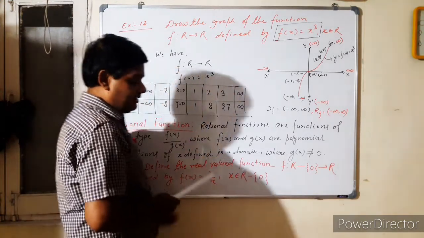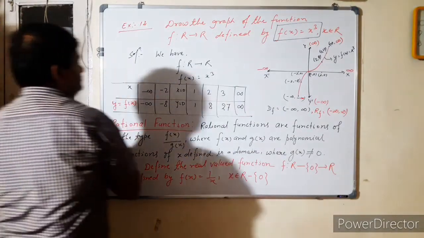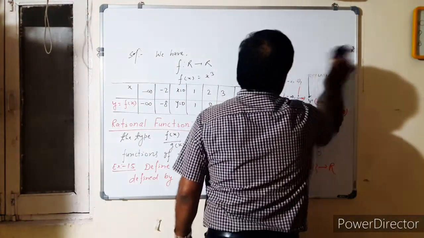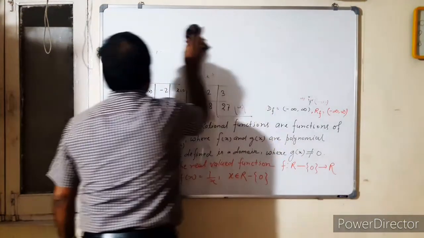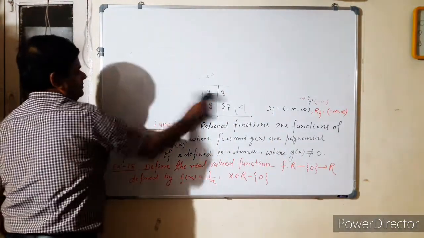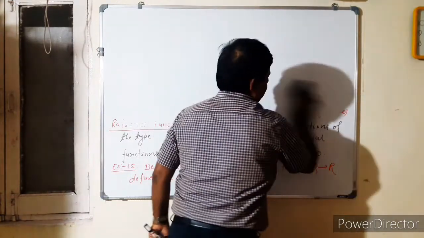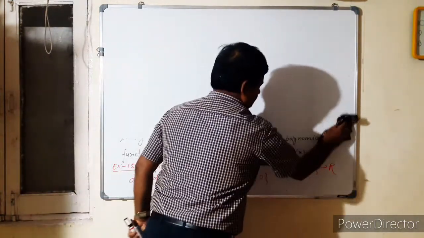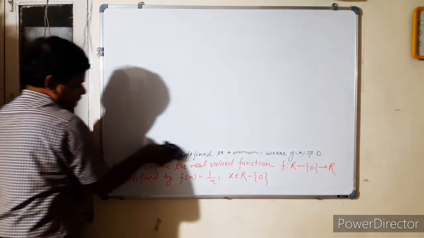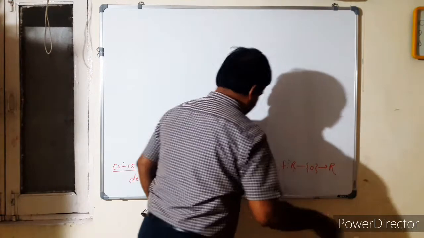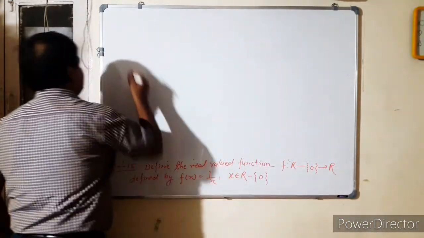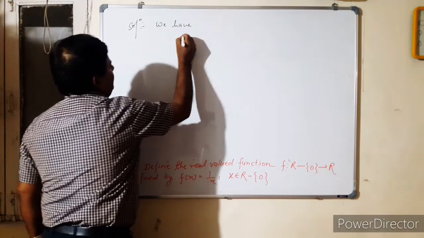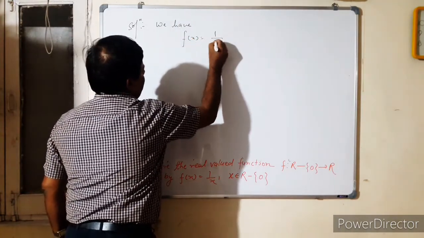Now I am going to draw the graph of this one. So we have f(x) is equal to 1 by x.